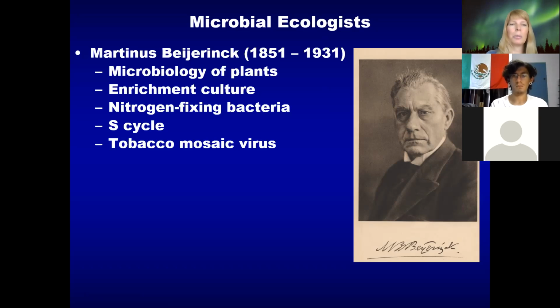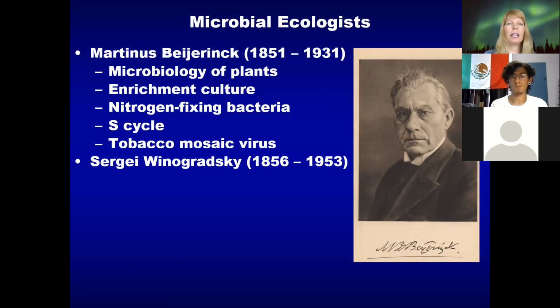There's a virus called the tobacco mosaic virus. And so this was back in the 1800s into the early 1900s that they were making some progress in understanding microbes and their impact on Earth. And then Winogradsky, we'll also learn about him in lab, because the Winogradsky column that we'll set up as one of our experiments is obviously named after him.